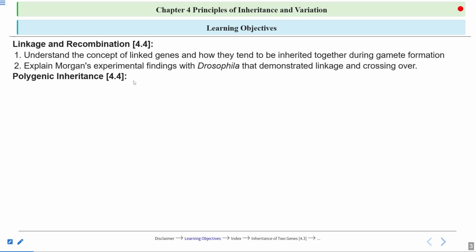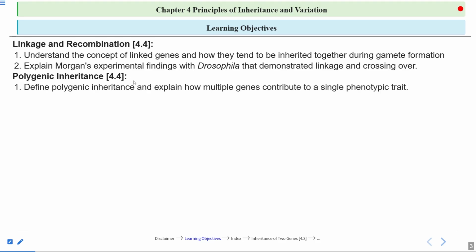Then we'll discuss polygenic inheritance. In this, we'll be studying what polygenic inheritance is and how multiple genes contribute to a single phenotypic trait, meaning how multiple genes control a single character or phenotype.